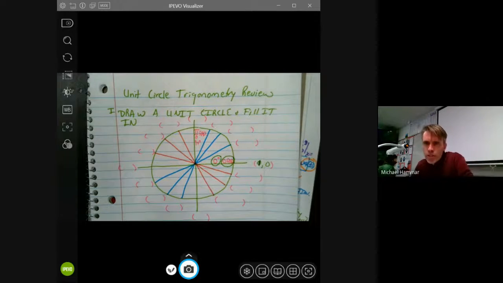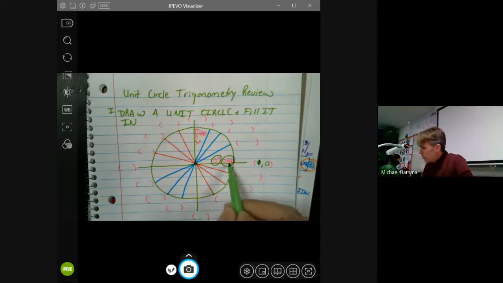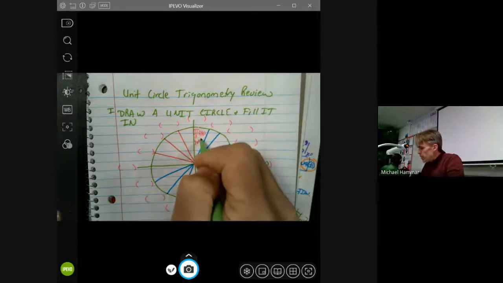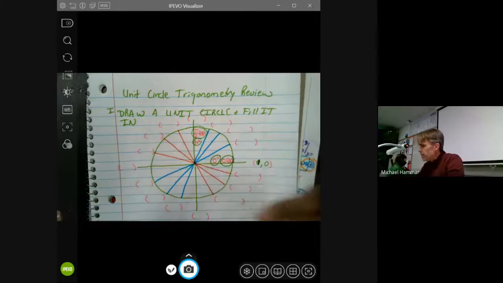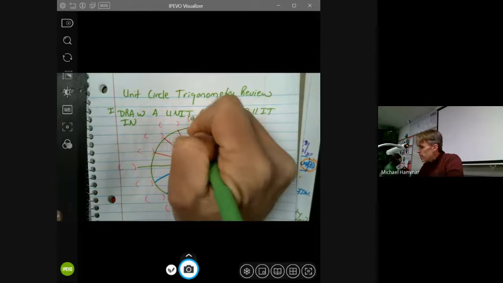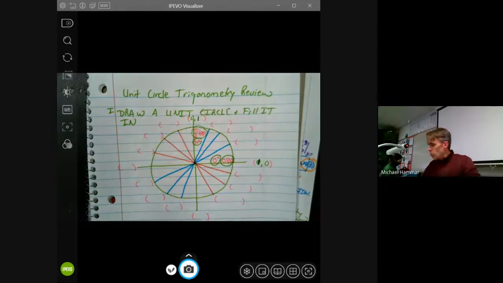So this first one is 0 radians, and the coordinate is (1, 0). Then this is 90 degrees, pi over 2 radians, and (0, 1) is the coordinate. I want you to fill it in for the whole circle. So pause the video and fill in your own circle.